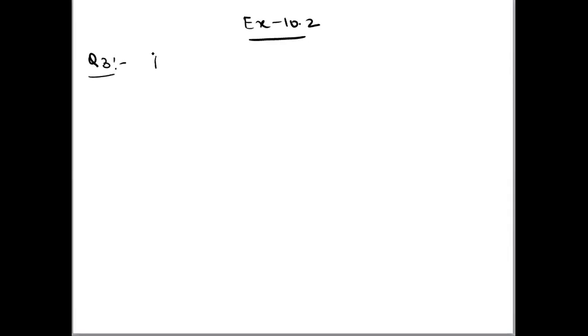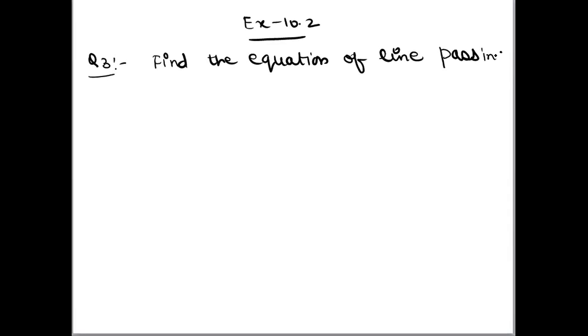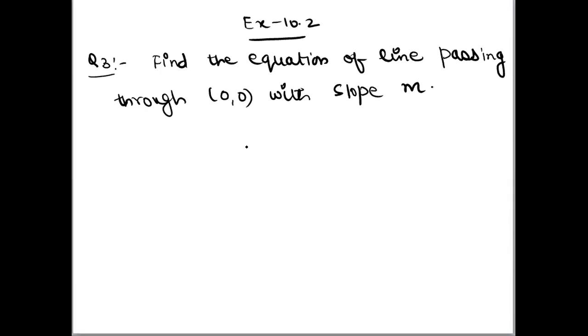Find the equation of line passing through 0 comma 0 with slope m. So again this is point slope form.